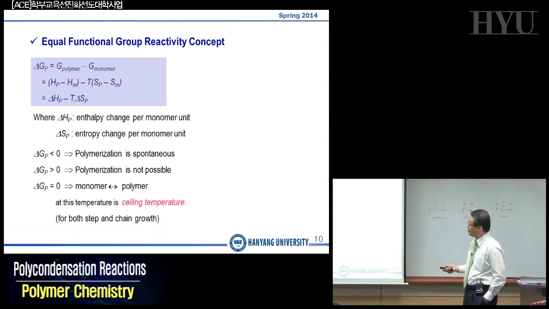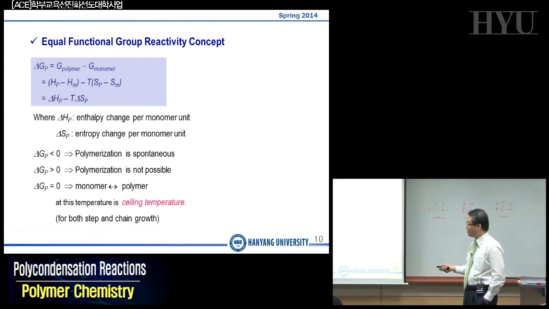If delta GP is equal to 0, that means delta HP minus T delta SP is equal to 0. In that equilibrium situation, T is defined as delta HP divided by delta SP. Okay? So delta HP and delta SP have some ratio, but in that situation, delta GP is equal to 0. Okay, equilibrium.